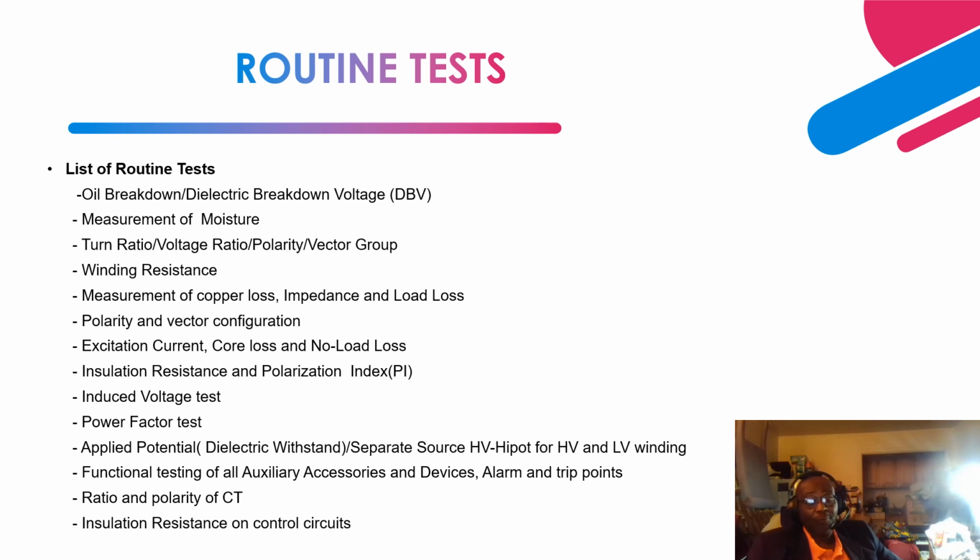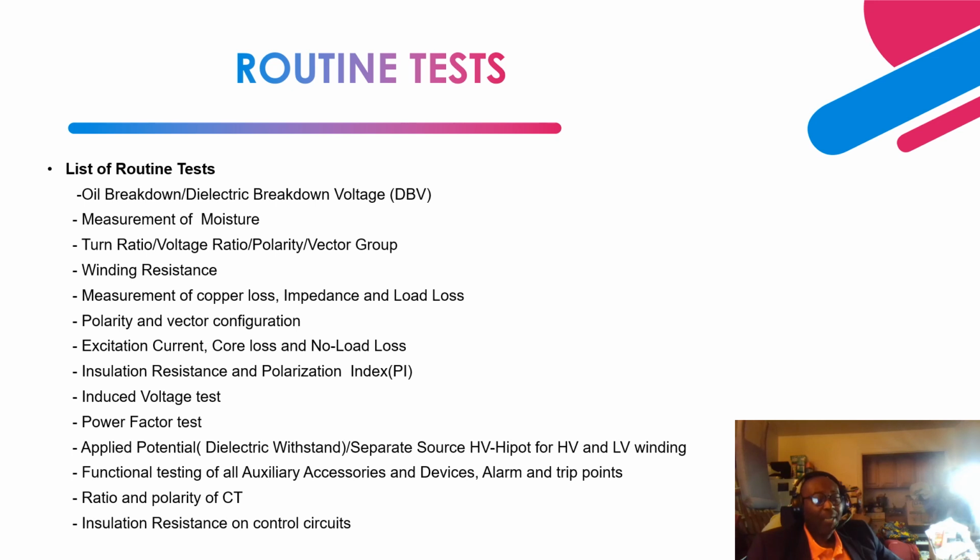For instance, if you have a transformer with a load tap changer of plus or minus 10%, you perform the test on each tap level that you have. Let's say you have a transformer with a tap changing of plus or minus 16.5%, you do that testing on each tap that you have.